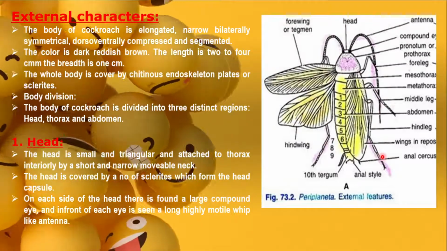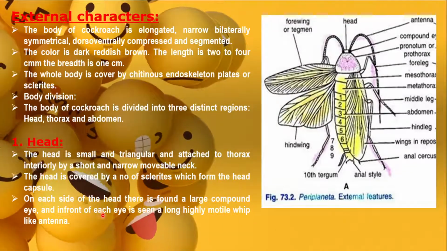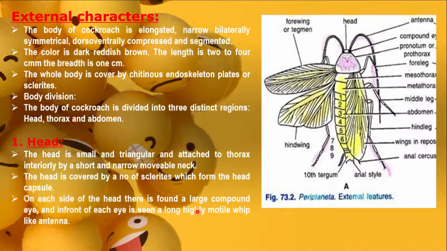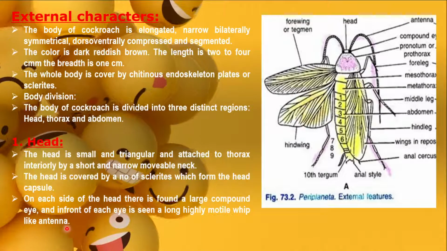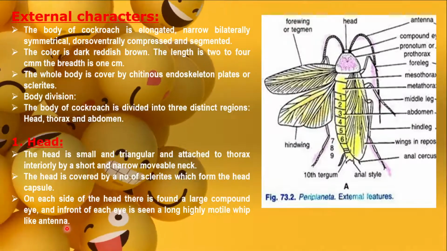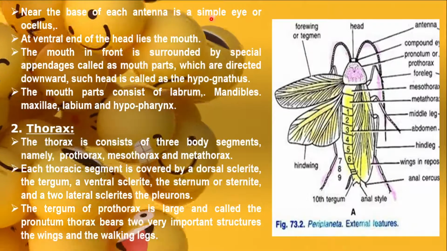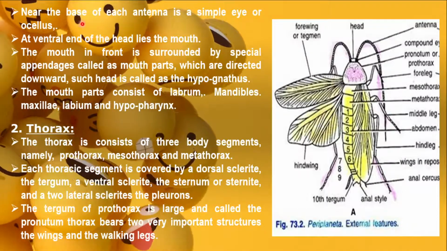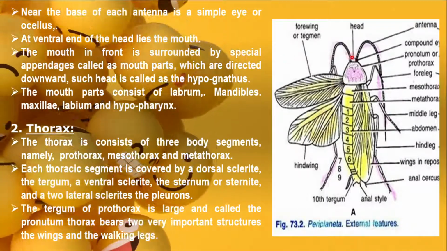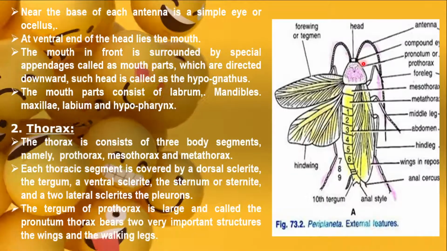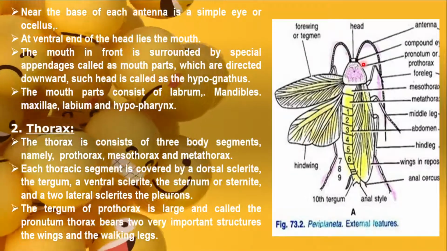In front of each eye is a long, highly motile, whip-like antenna. Near the base of each antenna is a simple eye or ocellus.